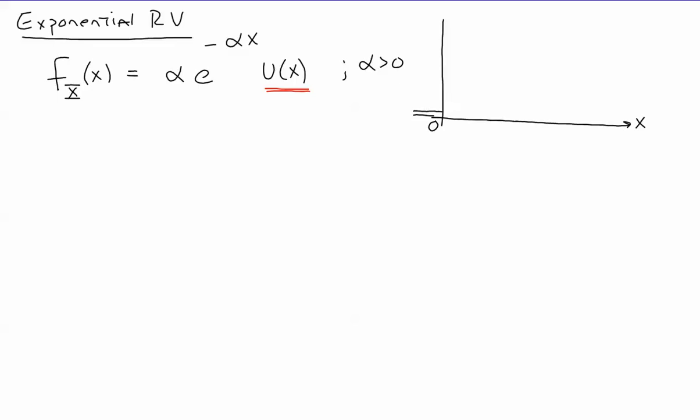Then it hops up to point alpha and decays exponentially from that point forward. And as usual, this is a proper probability density function. The area is 1 in all cases.